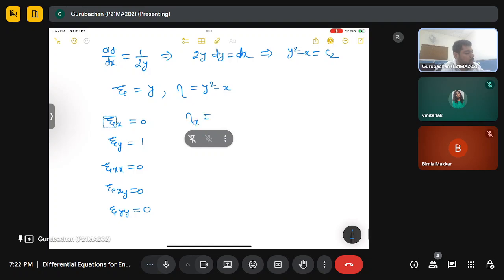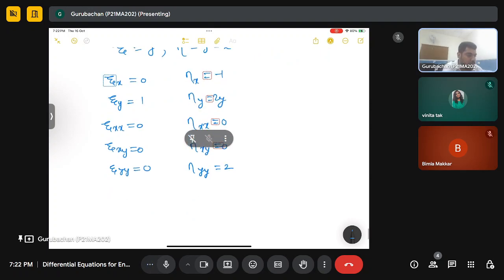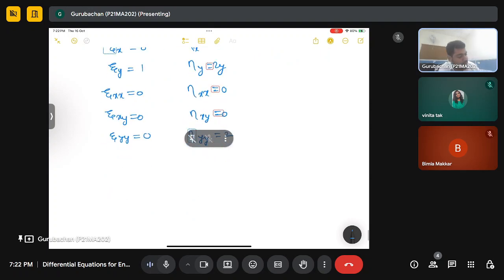Eta x is minus 1, eta y is 2y. Eta xx is 0, eta xy is 0, eta yy is 2. We are going to use this to transform the given second order PDE. Given second order PDE contains uxx and uxy, so we have to find out those terms.